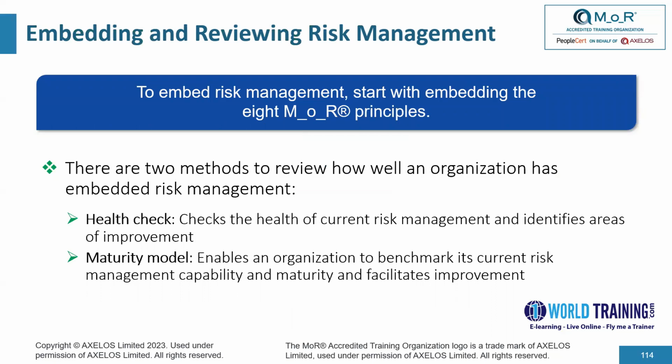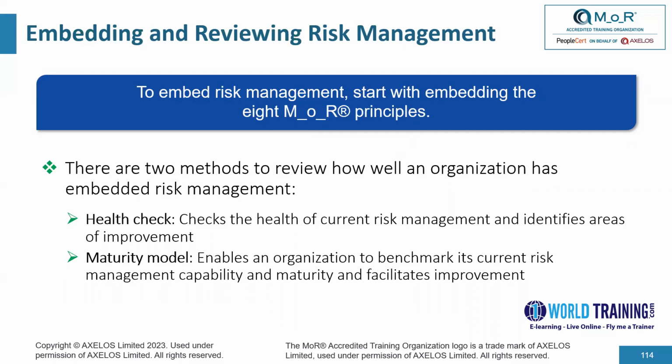There are broadly two methods to review how well an organization has embedded risk management. One is the health check, which checks the health of current risk management and identifies areas of improvement. And the other one is the maturity model, which enables an organization to benchmark its current risk management capability and maturity and facilitates improvement.